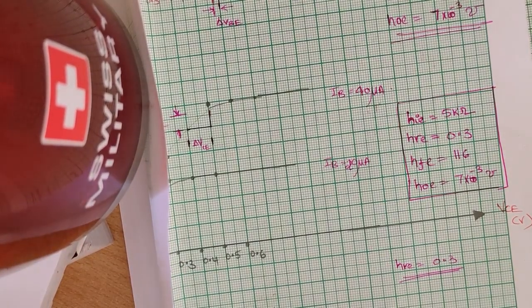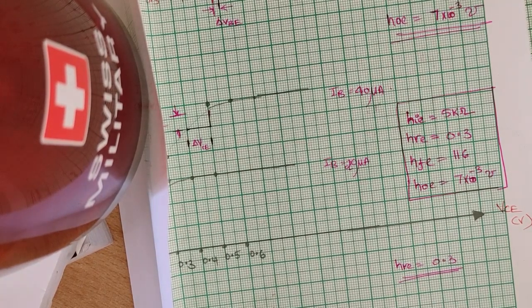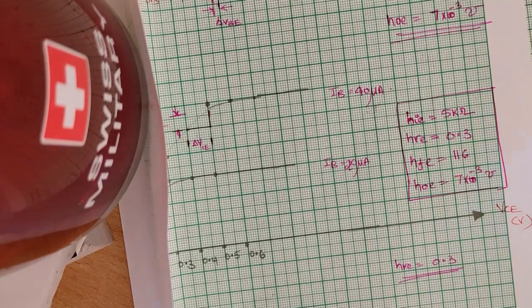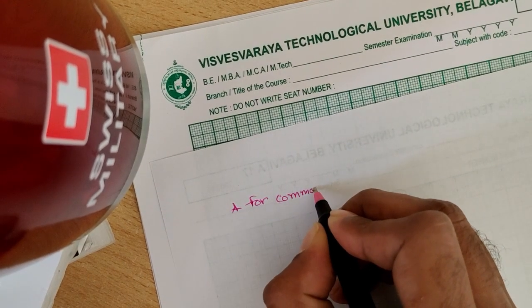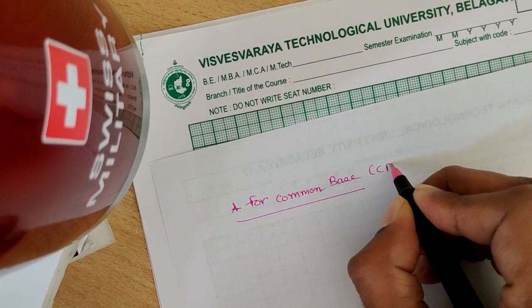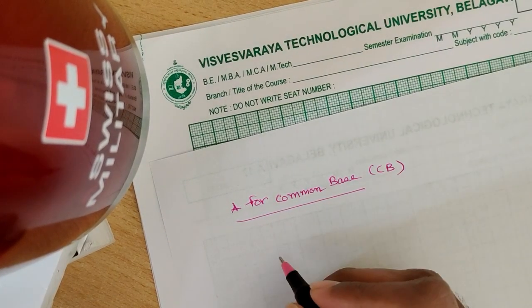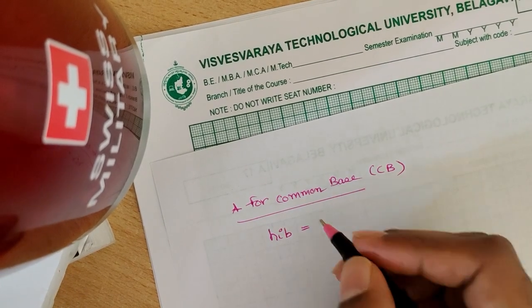Now what we have to do is use the conversion equations to calculate the H parameters of common base and common collector configurations. Let me tell you how exactly you do it. First let me write for the common base, CB configuration. First of all, we have HIB.